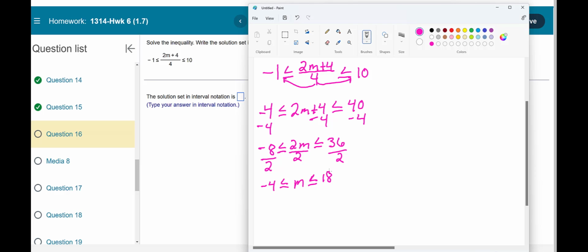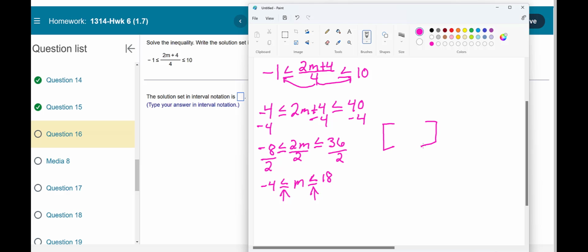And in order to find the solution sets in interval notation, you take a look at these signs here, because if you don't write this right, it'll be incorrect. The equal to signs mean that it's going to be these brackets. And it's got 2 of them, so we know it's going to be 2 brackets.